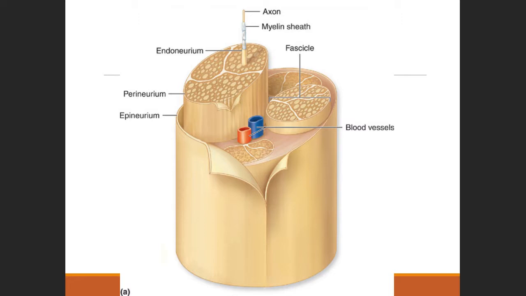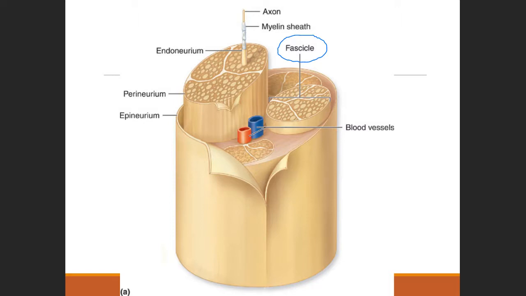Because when we cut this nerve, we see that the nerve is divided up into fascicles. Direct rehash of a term there. When we cut across a muscle, we saw the muscle was compartmentalized into groups of muscle cells called fascicles. Here, the nerve is bundled together into groups of axons called fascicles.